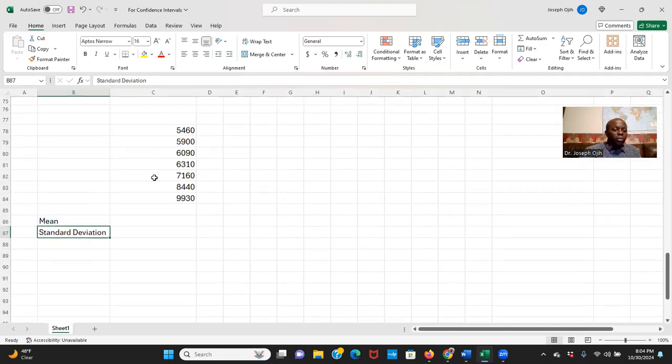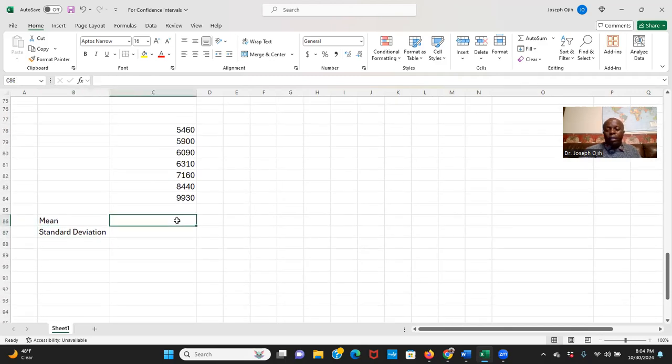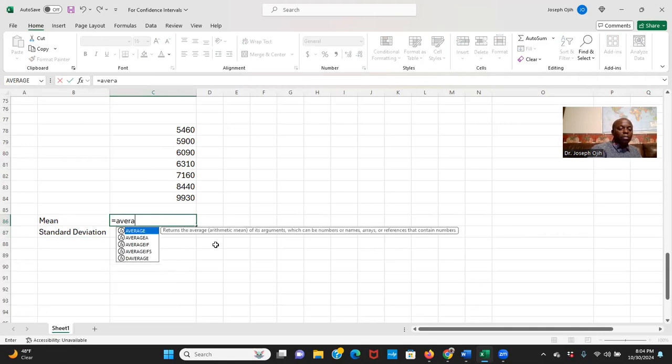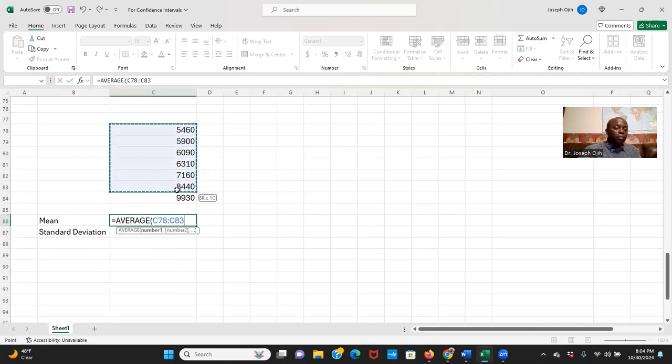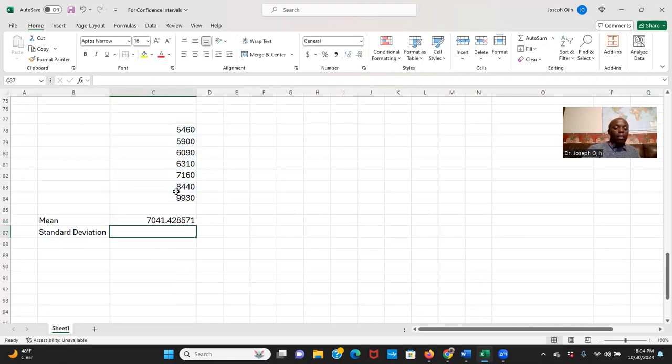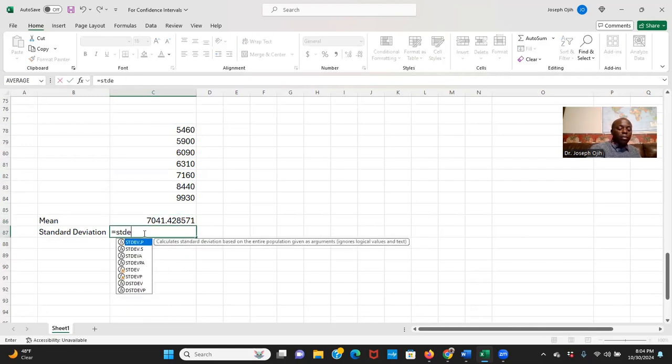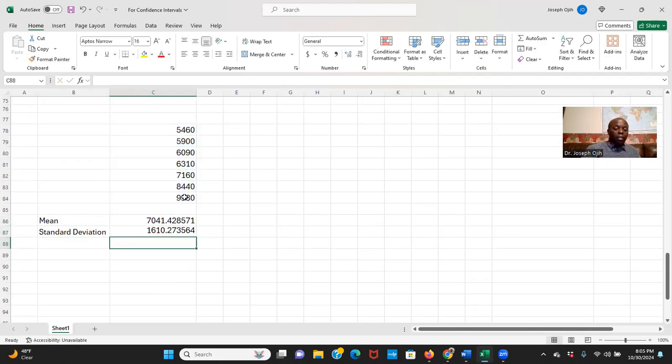To find the mean, of course, I showed you how to do it in Excel. Just put equal average, highlight all this, press the Enter key. That's the mean. For the standard deviation, just do STDEV, because the sample dot S pops out. Double click, highlight, and press the Enter key.